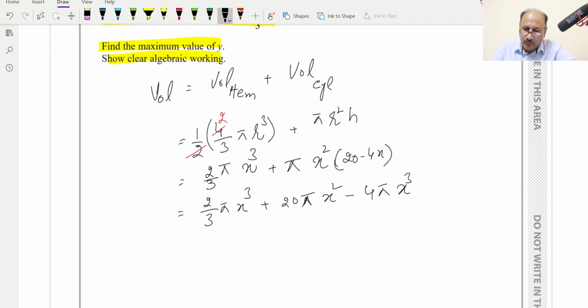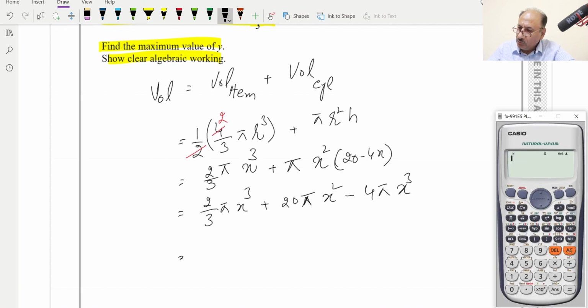Now x cubed and x cubed we can simplify. We can take 1 by 3 pi common, and basically first we can simplify. So 2 over 3 and minus 4 will be what?